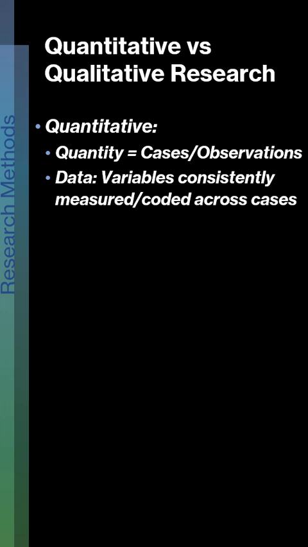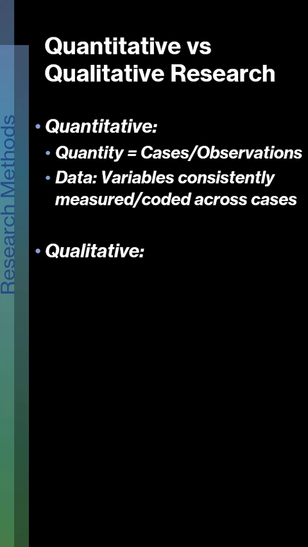So, important safety tip: we have to have a large number of cases, and we have to be able to define variables and consistently measure them across cases to have data and, therefore, quantitative analysis.